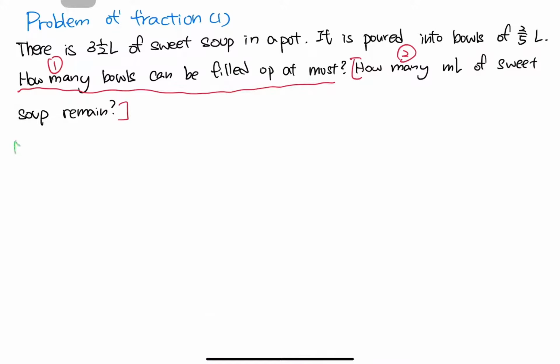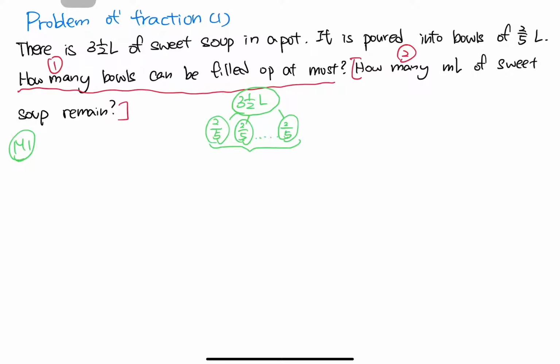First of all, we know that there is 3 1/2 liters of the sweet soup, and it can be put into bowls of 2/5 liter, and we want to find out how many 2/5 are there.